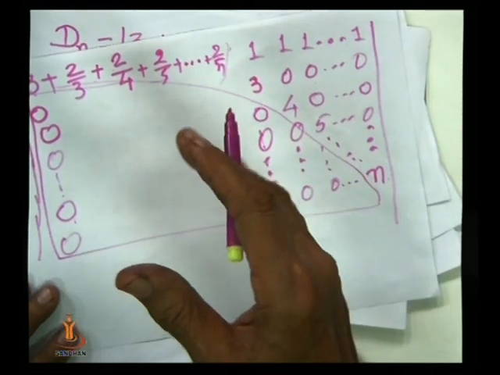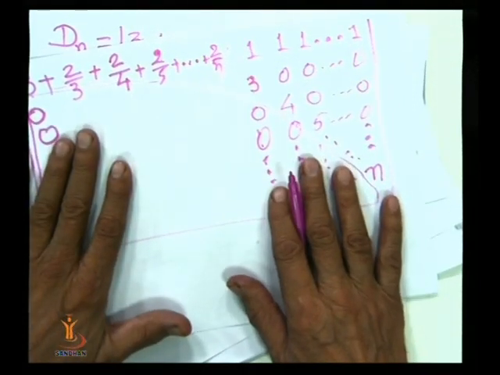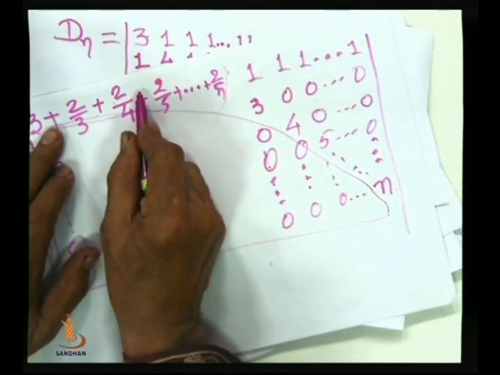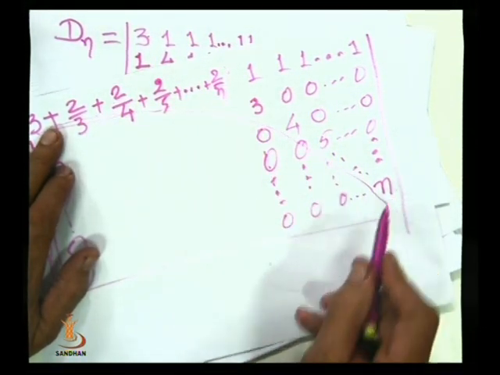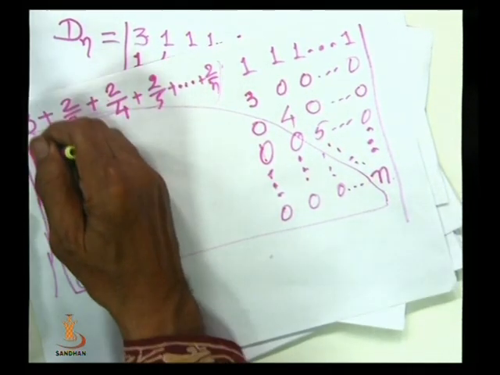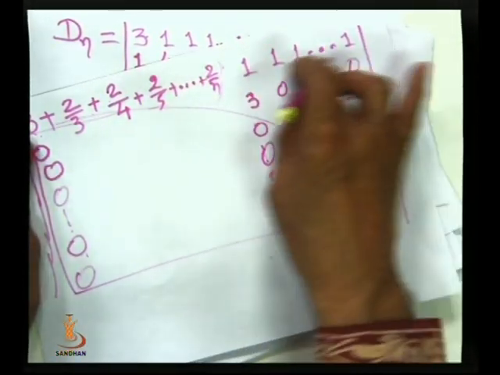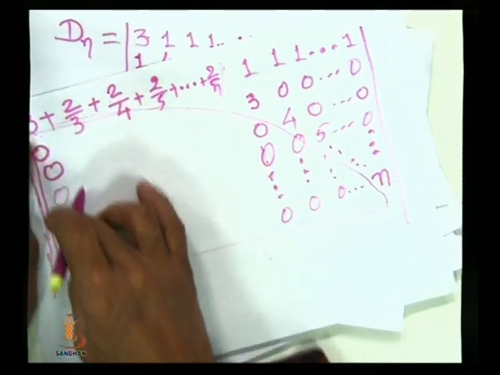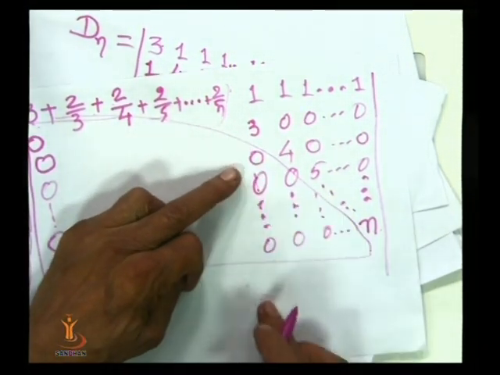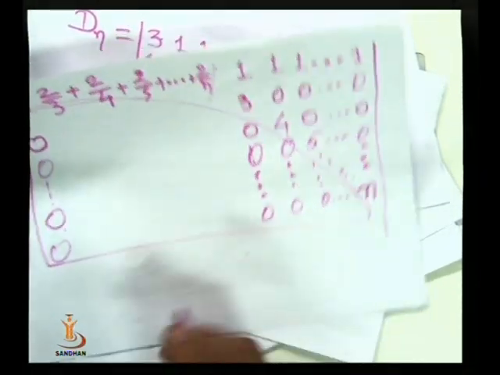Such matrices are called upper triangular matrices, and for an upper triangular matrix, the value of the determinant is nothing but the product of the diagonal elements. Because if you expand with the first column, this times this determinant, then 0, 0, 0. So everything goes 0. So it is just the product of diagonal elements.